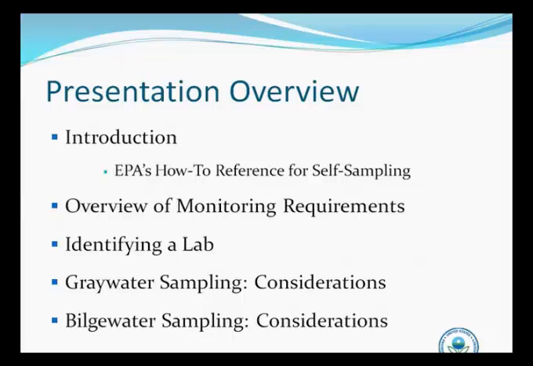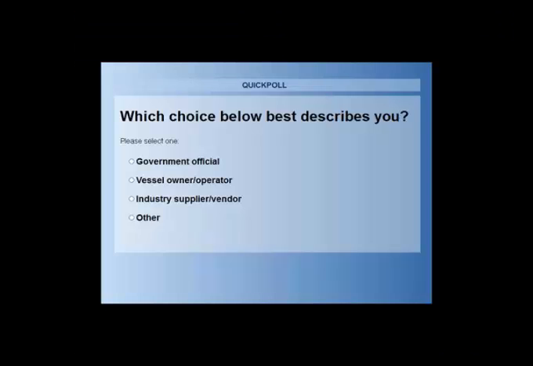And did we want to go straight into the second poll? Yeah, go ahead. Okay. So if you wouldn't mind answering one more poll question for us right now.